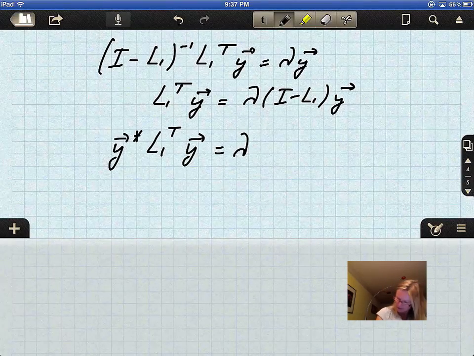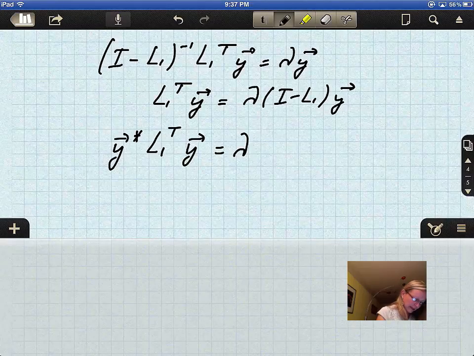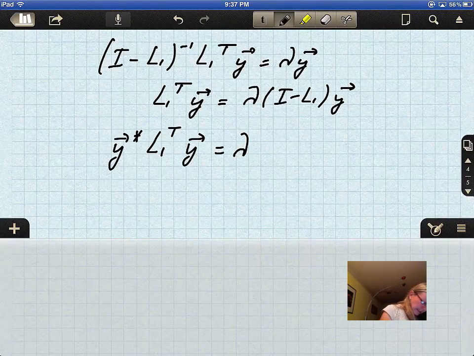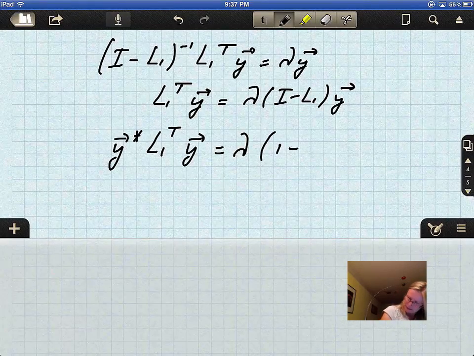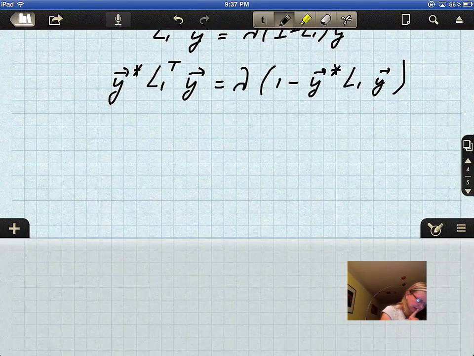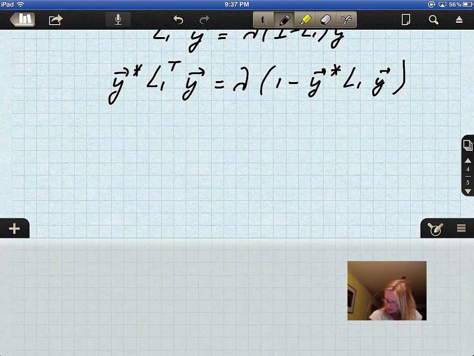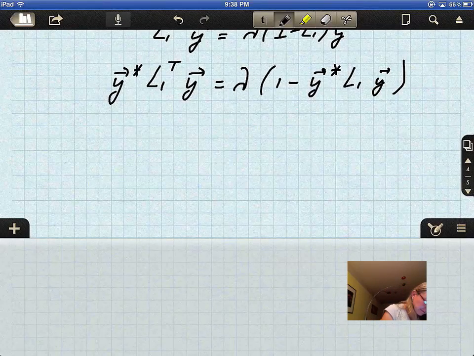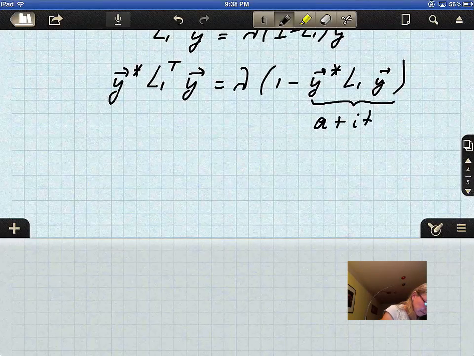Okay, so we get this, and then we take y star with this right here, and then we get 1 minus y star L1 y. Now, this guy is some complex number. I don't know what it is. So let's say this is a plus ib.